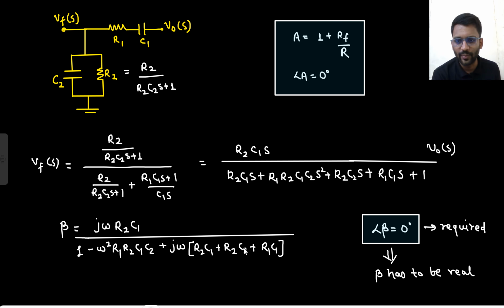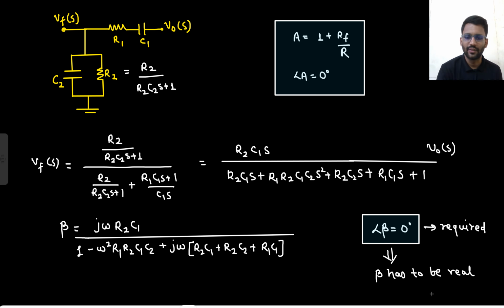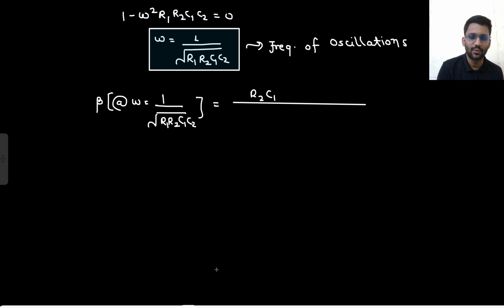So this is the value of beta we will get: r2 c1 divided by r2 c1 plus r2 c2 plus r1 c1. This is what we will get.